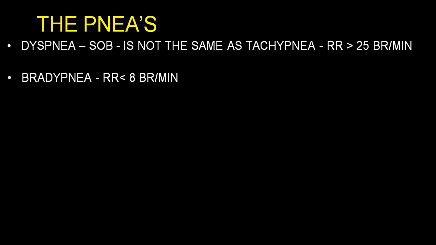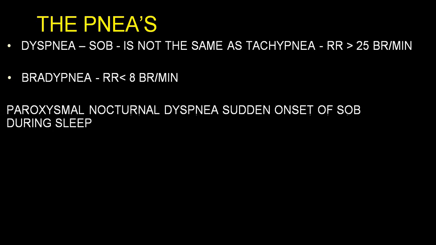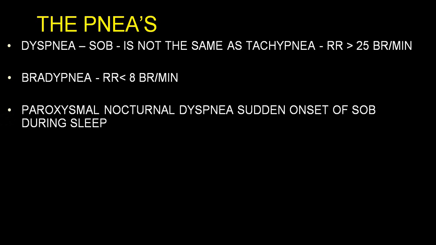Tachypnea does not mean dyspnea. Paroxysmal nocturnal dyspnea is a sudden onset of shortness of breath when a person goes to sleep. After a certain time, the person suddenly becomes breathless. He wakes up, and after an erect posture, after a few minutes, he becomes comfortable and can go back to sleep. That is paroxysmal nocturnal dyspnea.